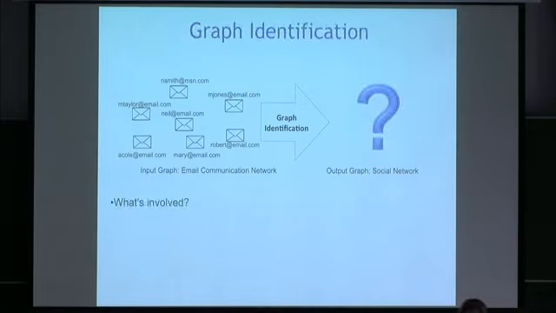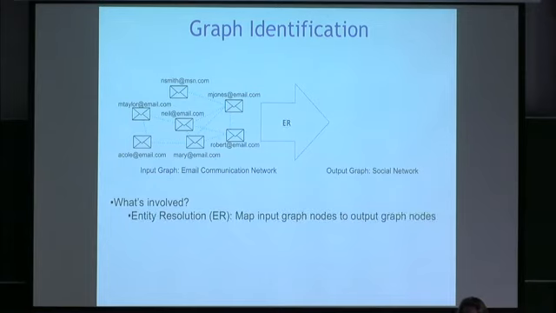So I have this as input, and what I would like to do is, first off, solve the challenge that, while I have nodes that are observed in this one network, there are multiple observations from the underlying network.